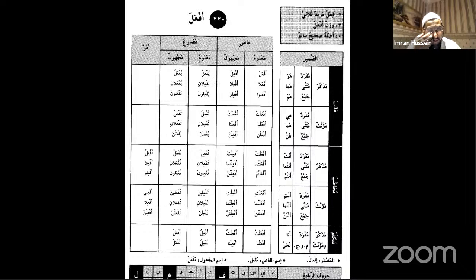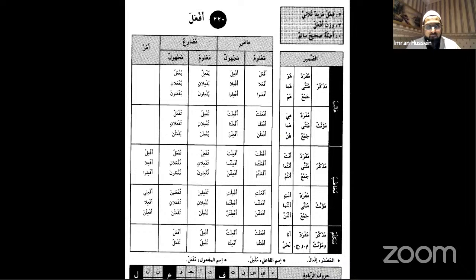The majhul, the passive tense, is always on the pattern of yuf'alu, so the kasra distinguishes between the majhul and the ma'lum. You will know that the only verb with the pattern yuf'ilu is the 4-letter verb. So yukhriju, you will know from the dhamma on the ya that this is a 4-letter verb, and the kasra on the ra indicates this is ma'lum.